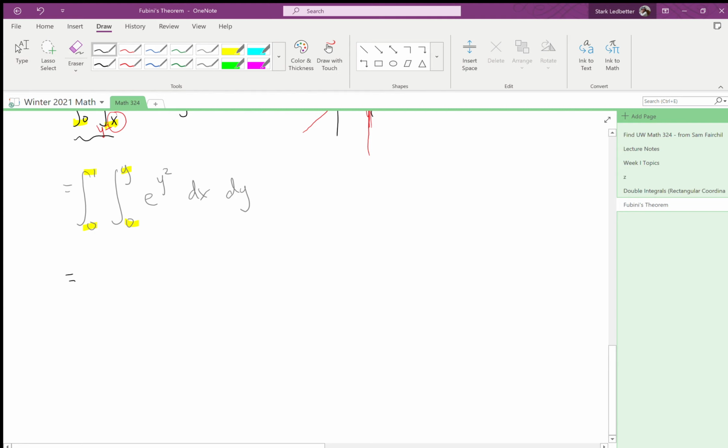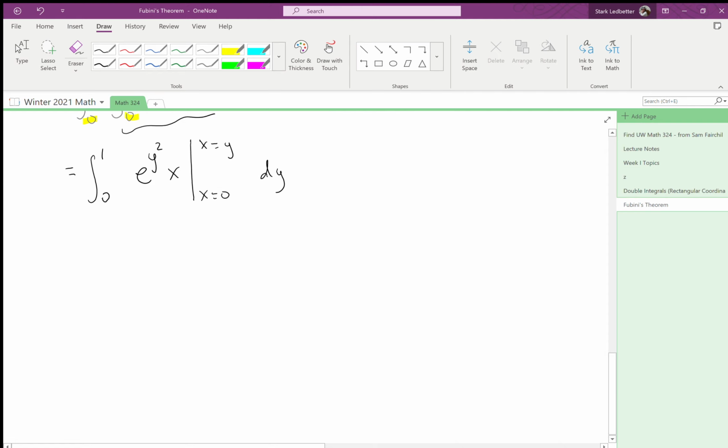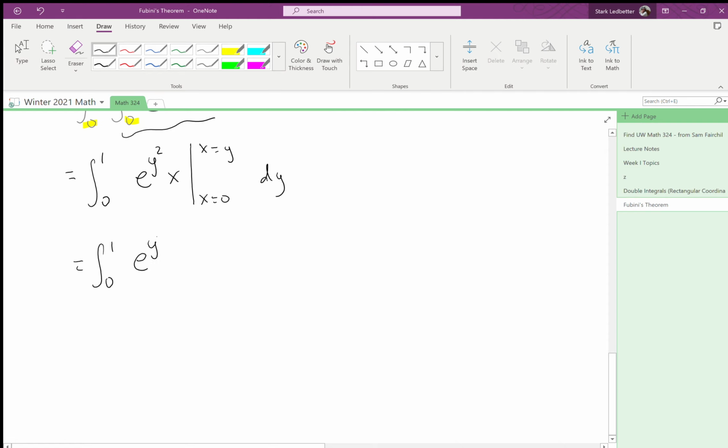All right. Why is this better? Well, at least we can do the inside integral because this whole thing is a constant. So that's great. We can just do e to the y squared times x, where x goes from 0 to y. And then we plug in our bounds. And then magically, plug in y, we get y, minus plug in 0, we get 0.